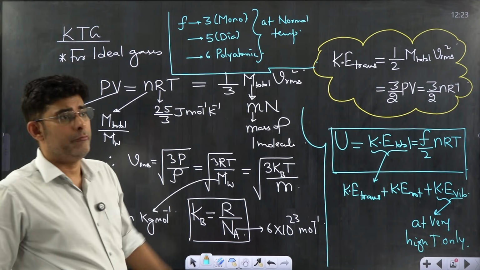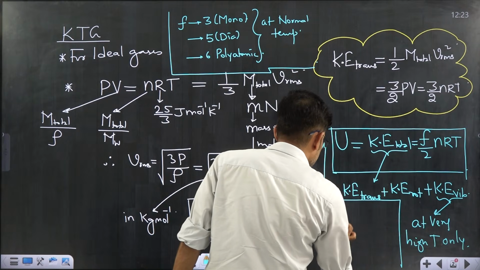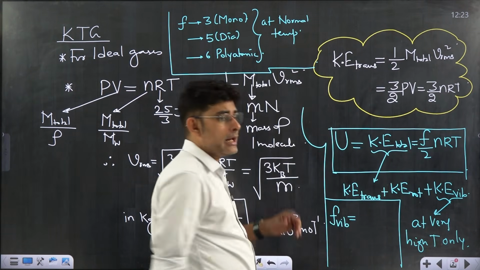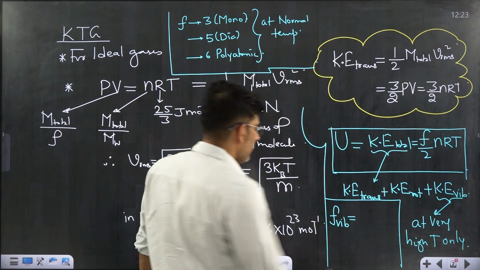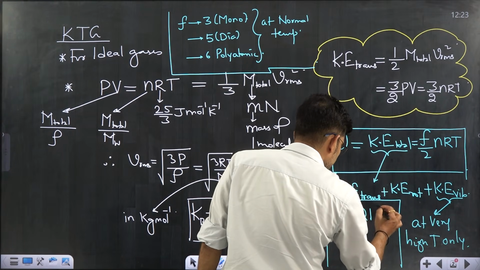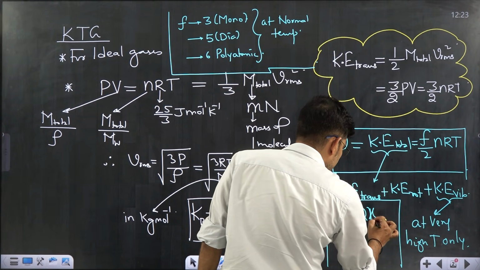Okay, and when we have high temperature, then at high temperature vibrational degrees of freedom, when we talk of vibrational degrees of freedom, if there are n modes of vibration, in each mode there will be 2 degrees of freedom, so we will say 2n. Let's give another name so that you don't get confused.